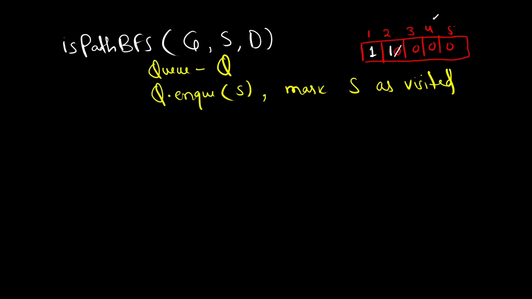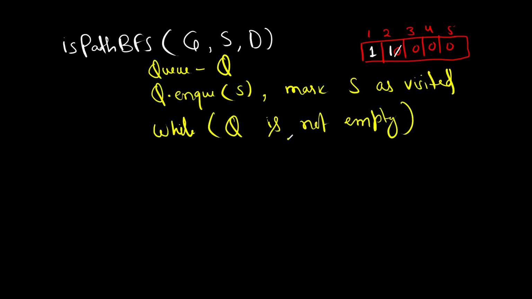Now moving ahead, write a loop here: while queue is not empty. So if the queue is not empty, keep doing some work, and what we are going to do, dequeue the queue. That means you need to remove some elements from the queue, right?